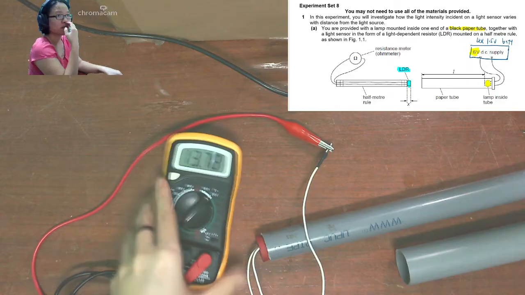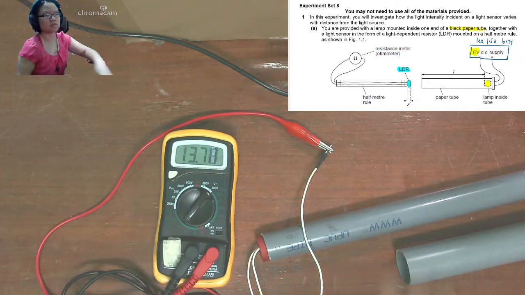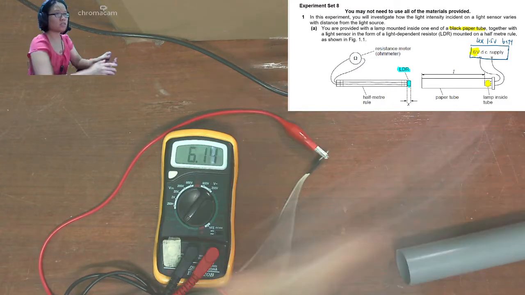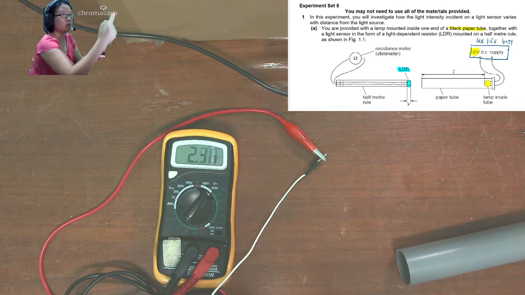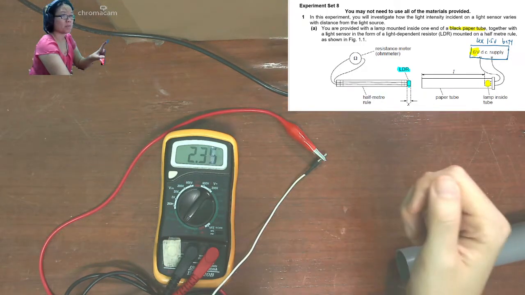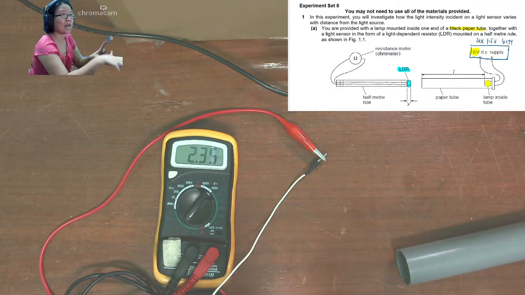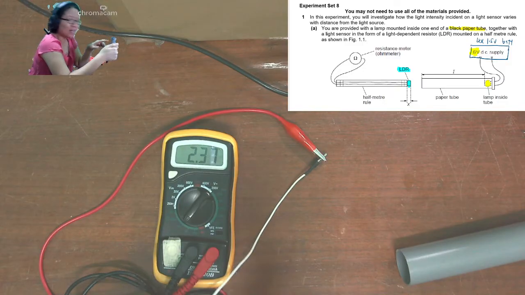Okay, so here's how you test it out. You can see when I connect directly, I already have a reading around 13.7, 13.8 like that. This is because this is exposed to the lighting. Okay, so now if let's say I point it upwards and it's exposed to the lighting of this camera, you can see the resistance has dropped. So this is 2.36 kilo, sorry, 2.36.